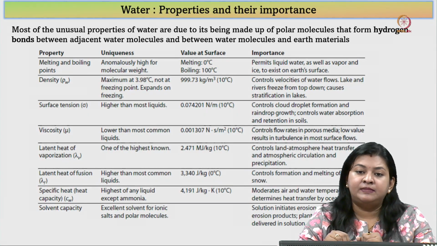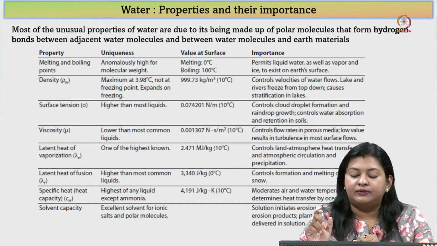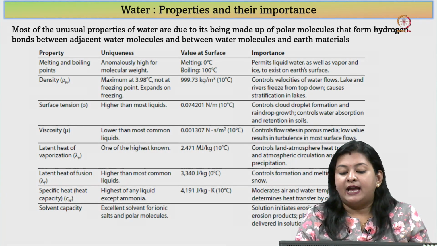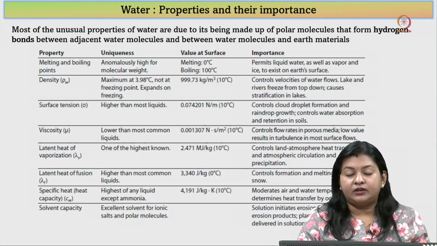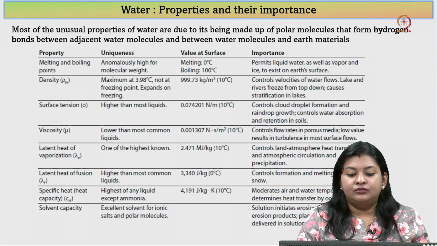Similarly, latent heat of fusion is higher than most common liquids, and this controls the formation and melting of ice and snow. Again, when water is turning into ice, it has to give up a lot of heat.